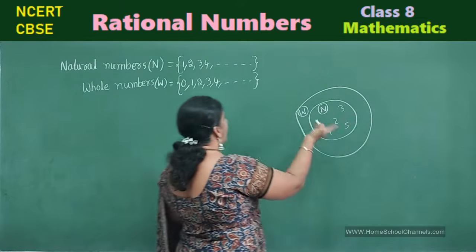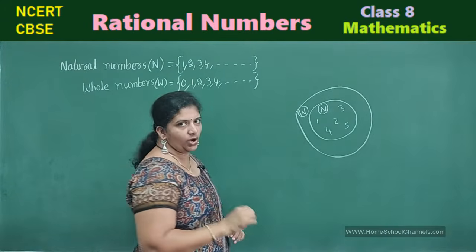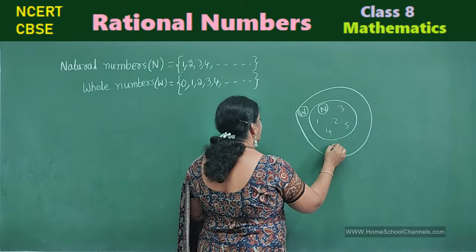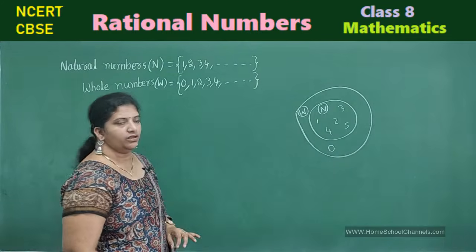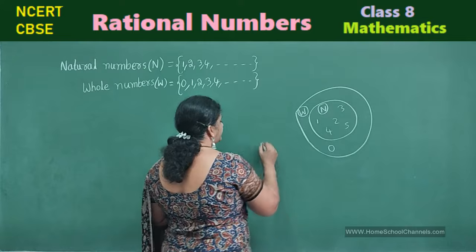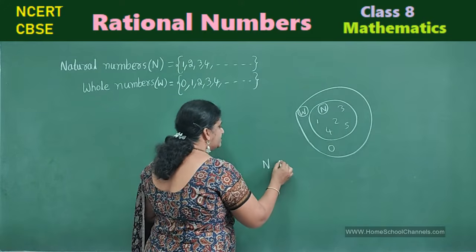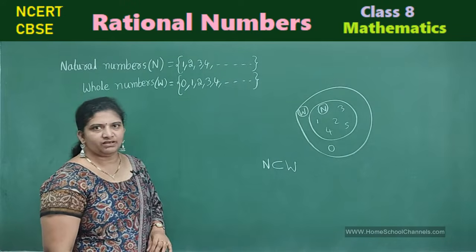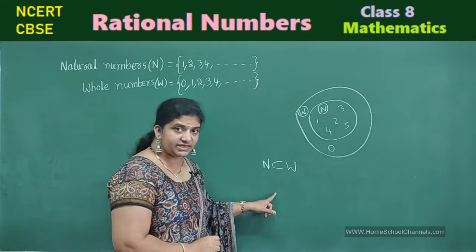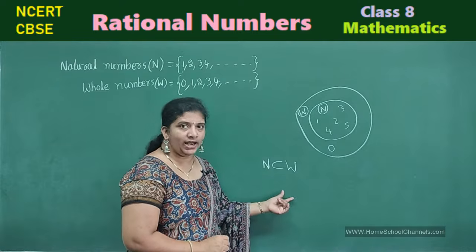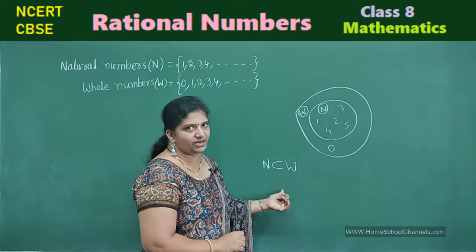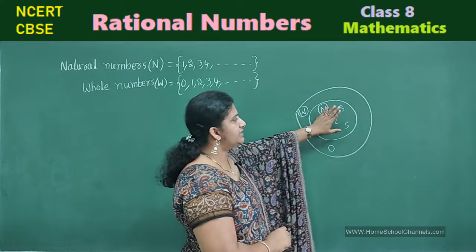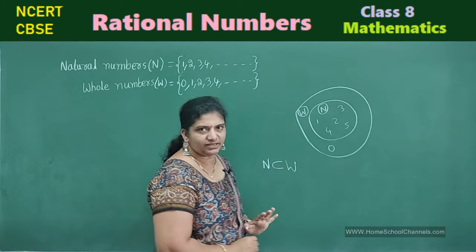Natural numbers along with 0 are called whole numbers. Already you can see the natural number circle, so extra you need 0. So what I can say here is, natural numbers are a subset of whole numbers. Whole numbers contain natural numbers. So this is a part of the whole numbers. Yes or no? This is a part of the whole number circle.